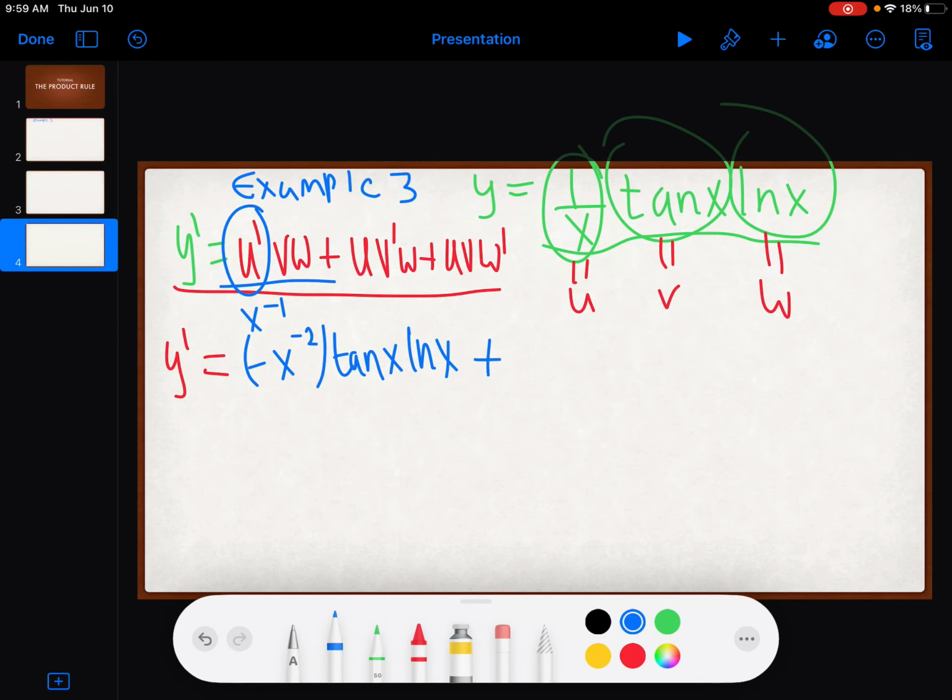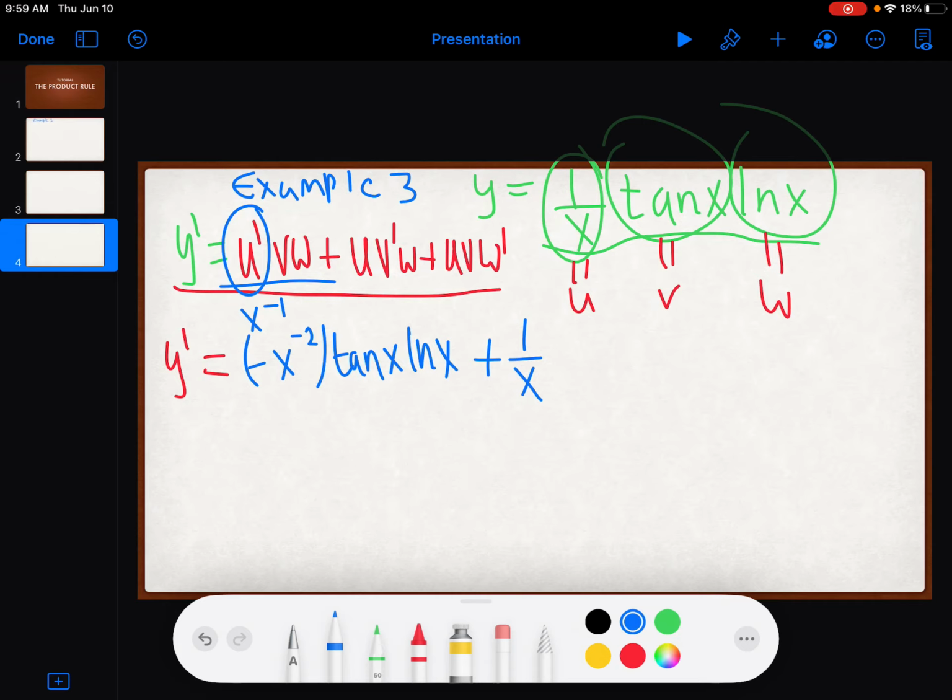Let's go into our second term. Well, what does our second term say? It says u, which is just 1 over x, times v prime, and v is tan x. Well, what's v prime? I have covered this in my derivatives of trigonometric functions.